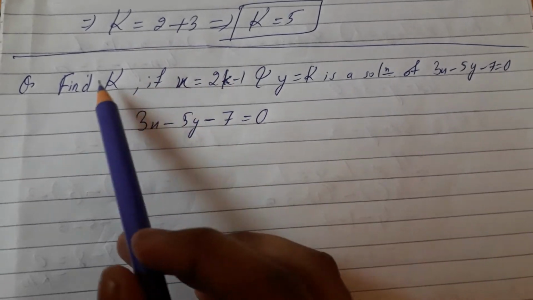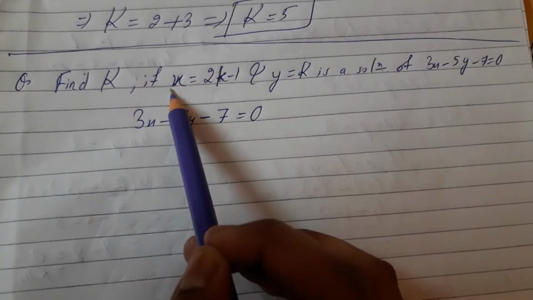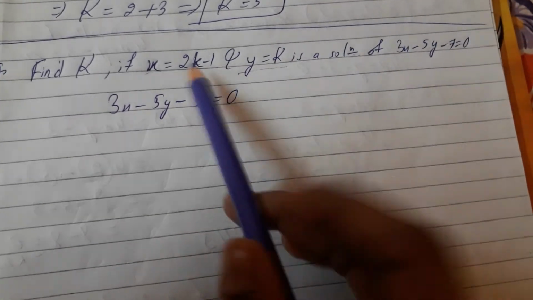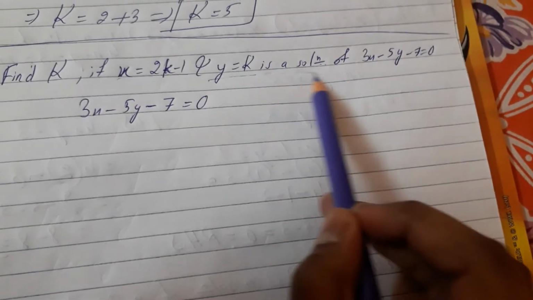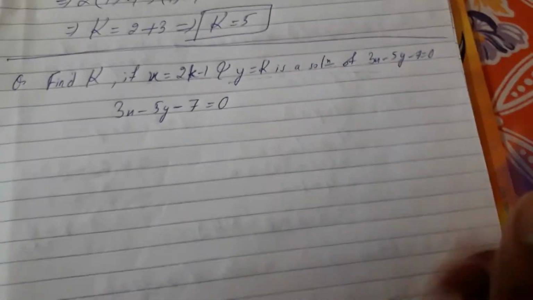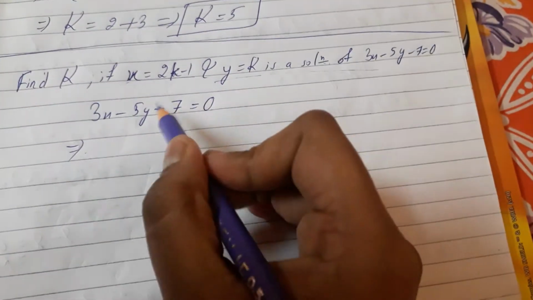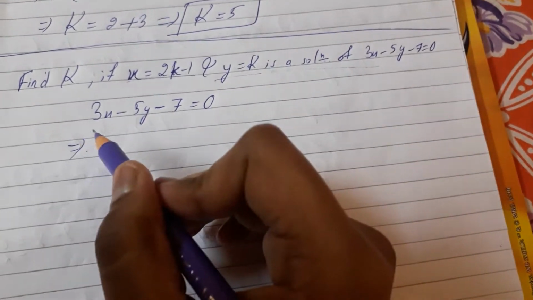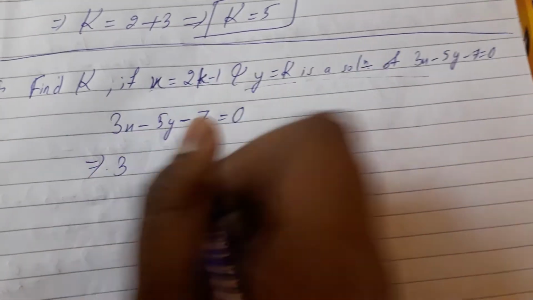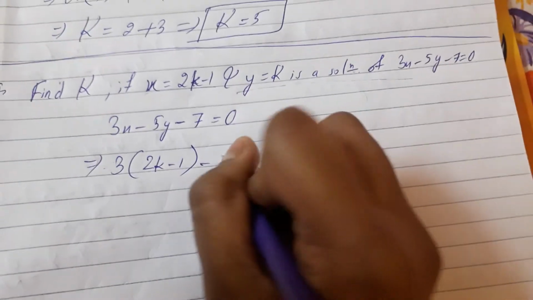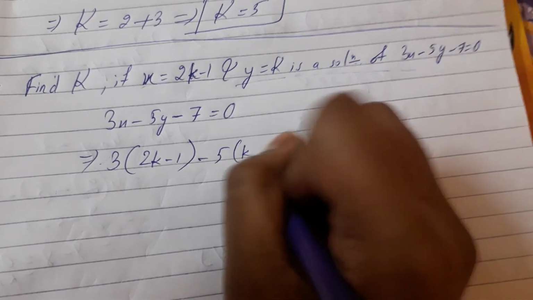Now see the next question. This is a similar one. Find k if the x value and y value are given, whatever the values may be, which is a solution of this equation. First you have to put the values of x and y. So you put 2k minus 1 in place of x, and in place of y you put k minus 7.